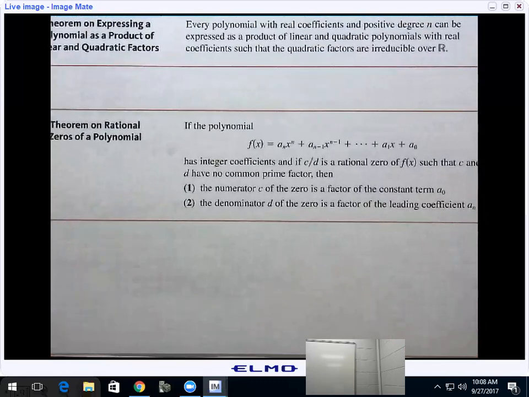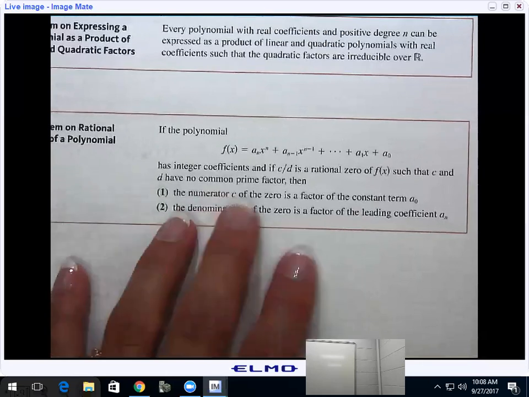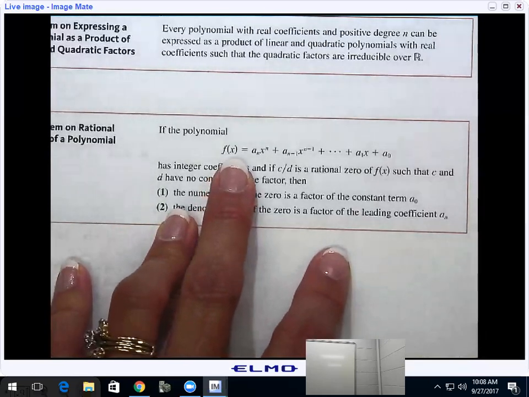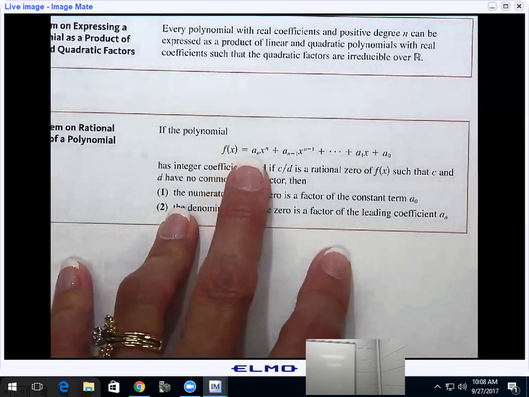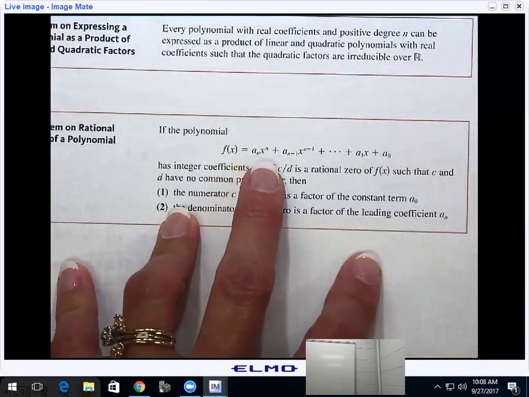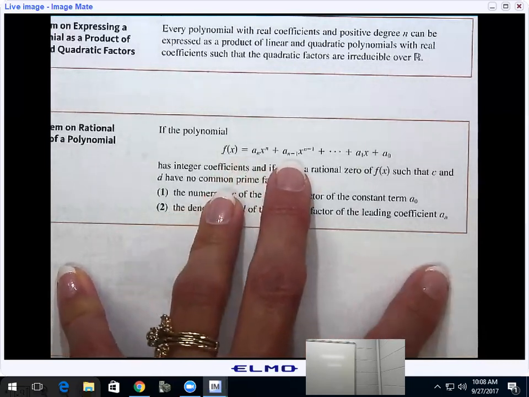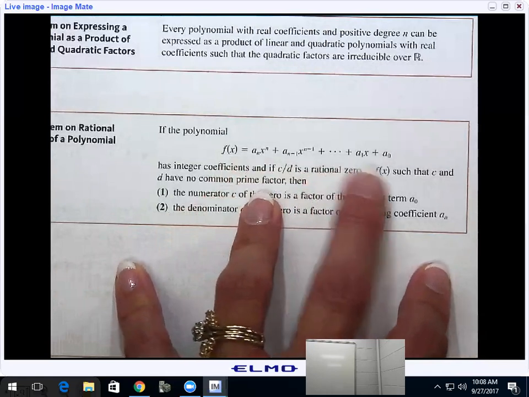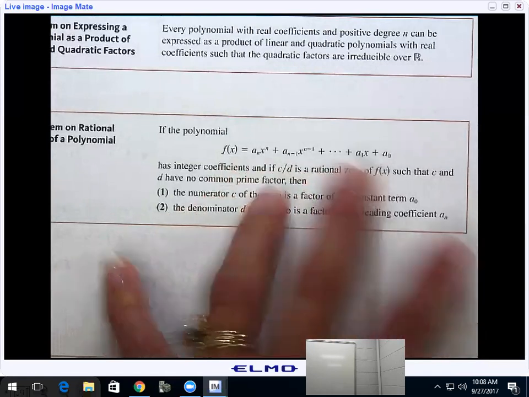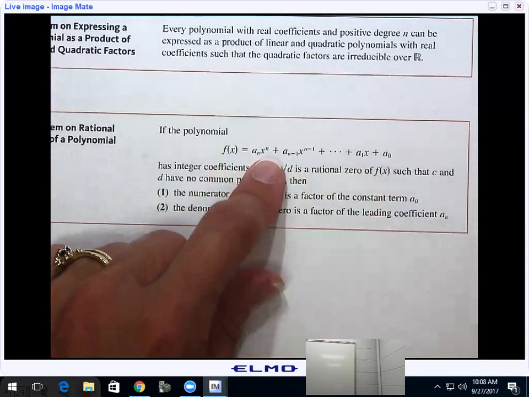This is page 215 in your book, or maybe plus or minus 1. The theorem on rational zeros of a polynomial. If the polynomial f of x equals a sub n x to the n plus a sub n minus 1 x to the n minus 1 plus on and on and on until you just get down to a constant, I'd say this is an nth degree polynomial.